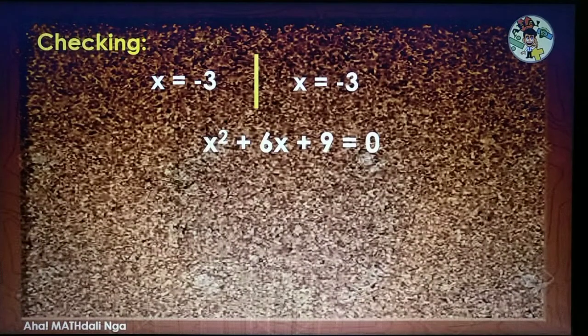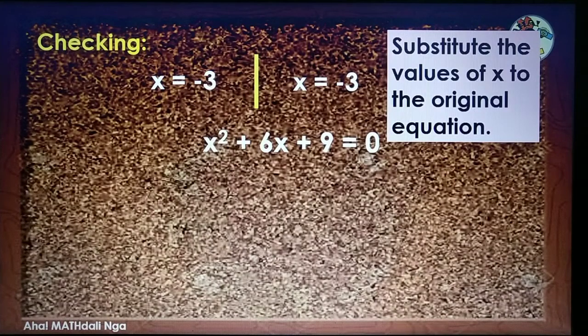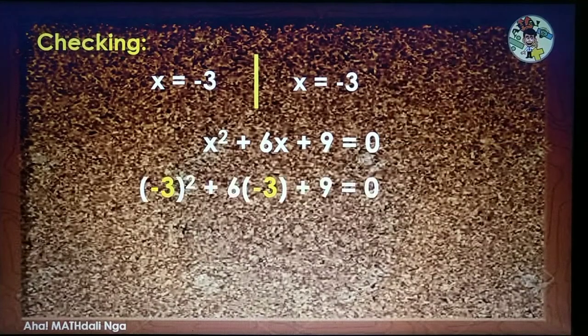We have our quadratic equation x squared plus 6x plus 9 equals 0. We will substitute the values of x into the original equation. To do that, we have the square of negative 3, or negative 3 squared, plus 6 times negative 3 plus 9 equals 0. Let's simplify.